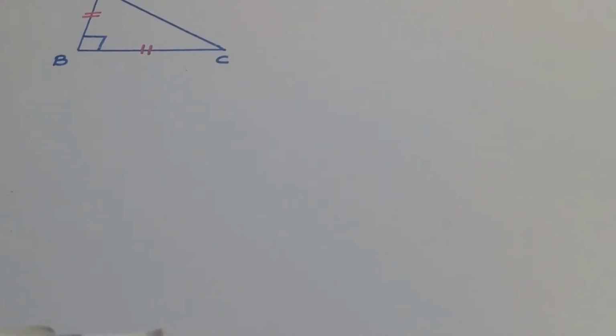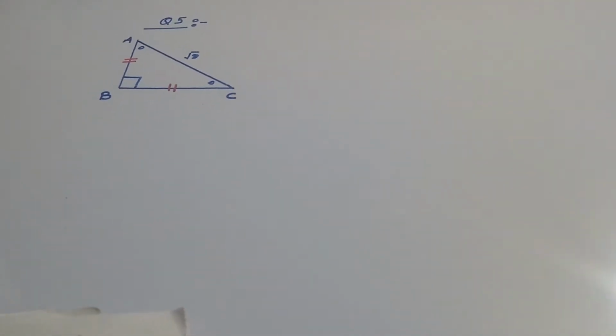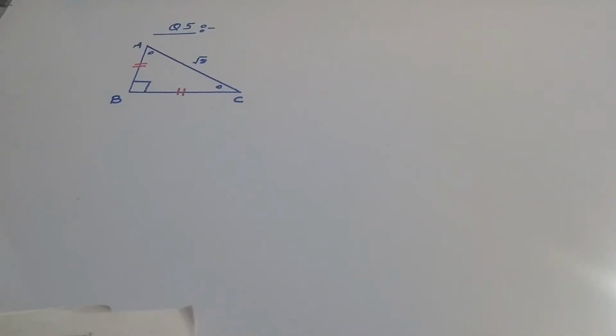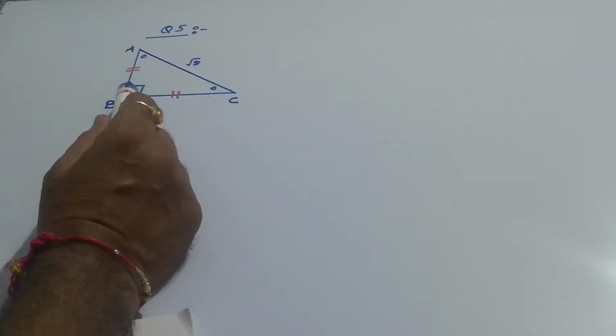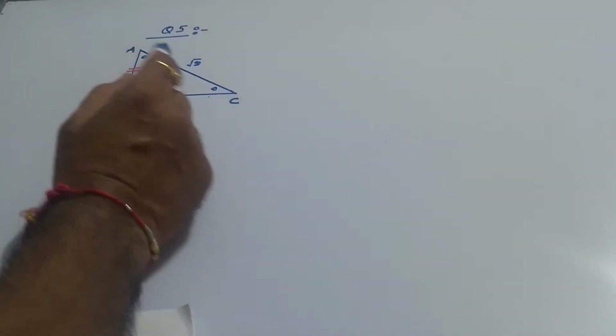AB इक्वल टू BC आणि AC रूट 8. बघायचं AB इक्वल टू BC म्हणजे काय झाला? आयसोसिलियस ट्रायंगल झाला. आयसोसिलियस ट्रायंगल म्हणजे बेस अँगल्स काय होतील? कॉन्ग्रुएंट. तर बेस अँगल्स कॉन्ग्रुएंट होती. मग आता बेस अँगल्स कॉन्ग्रुएंट झाले म्हणजे अँगल A आणि अँगल C काय होईल? कॉन्ग्रुएंट होईल.